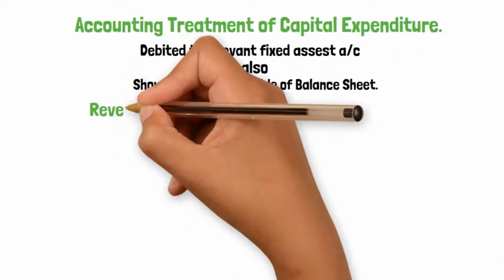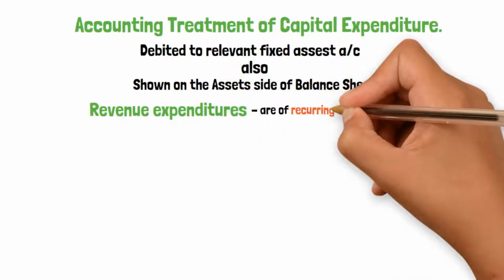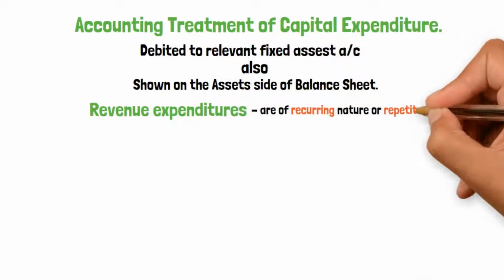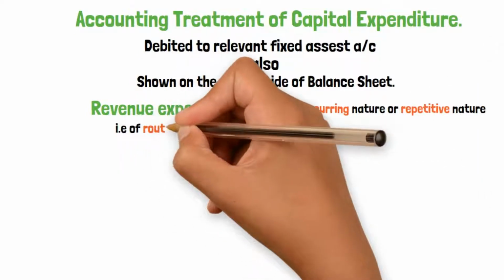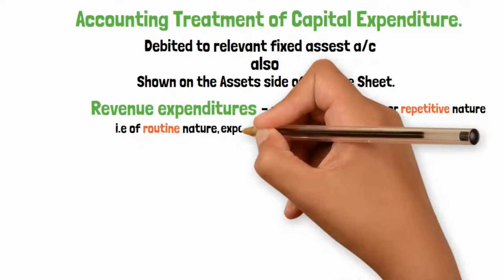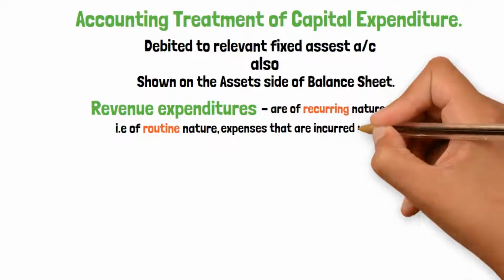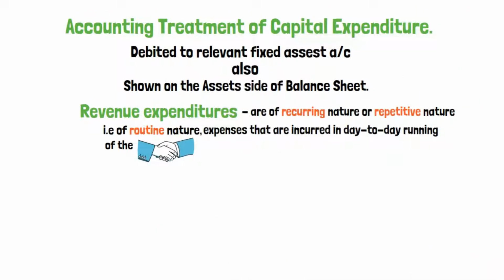On the other hand, revenue expenditures are of recurring or repetitive nature, that is, of routine nature. Expenses that are incurred in the day-to-day running of the business.